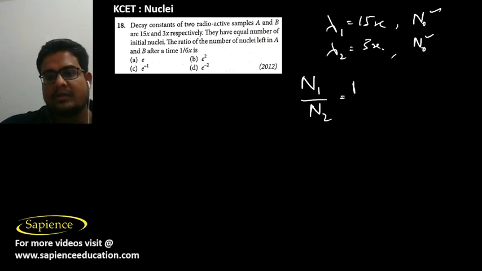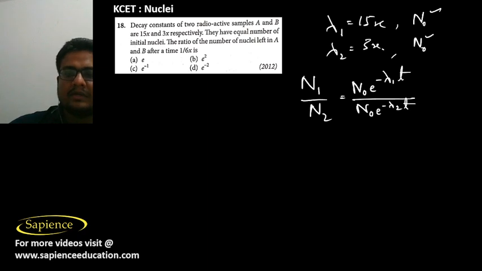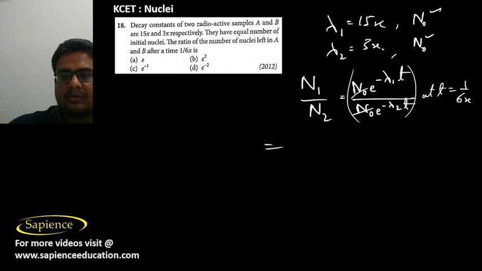So n1 will be n0 e power minus lambda 1 into t, and n2 will be n0 e power minus lambda 2 into t. We have to find its value at t equal to 1 by 6x. So n0 will cancel, and I can write e power lambda 2 minus lambda 1 into t.